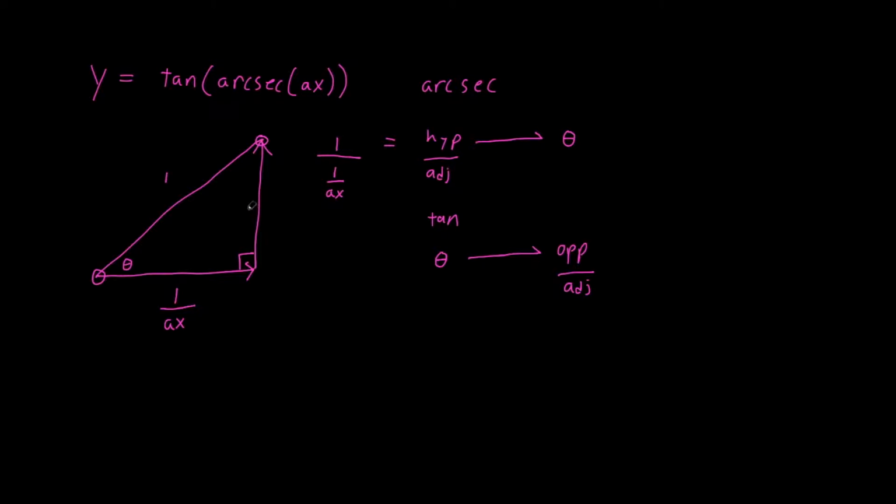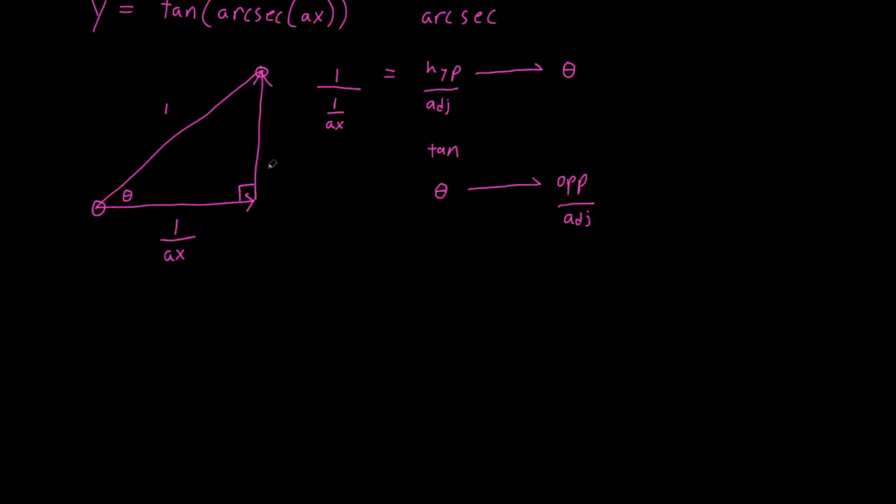And we're going to want to solve for the opposite side now. We can use the Pythagorean theorem. So opposite squared plus adjacent squared equals hypotenuse squared. We're solving for opposite, so we can leave that alone.